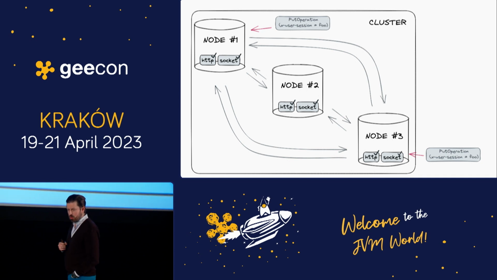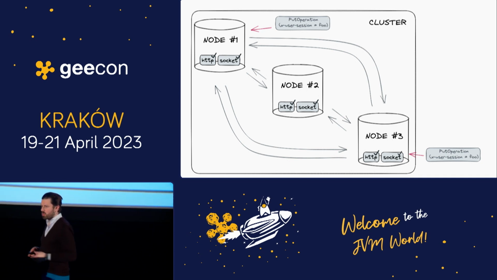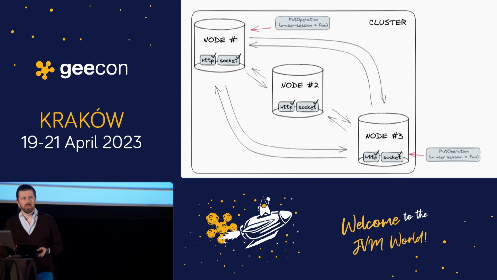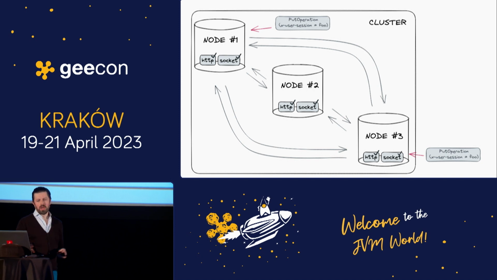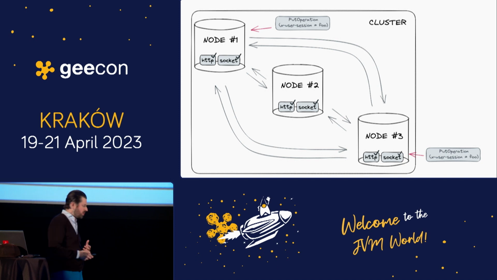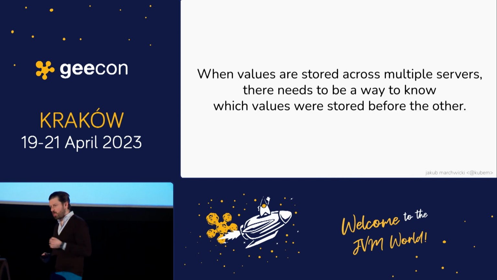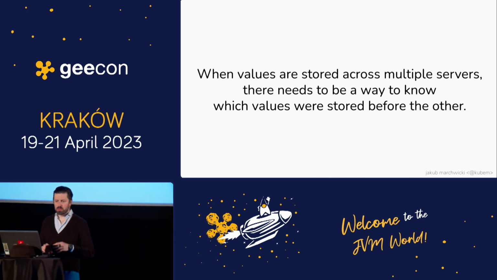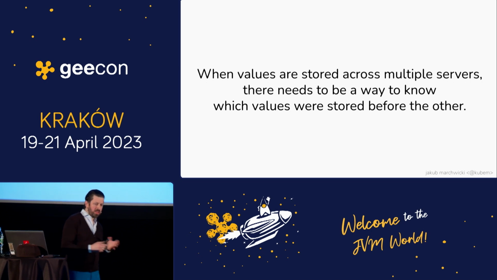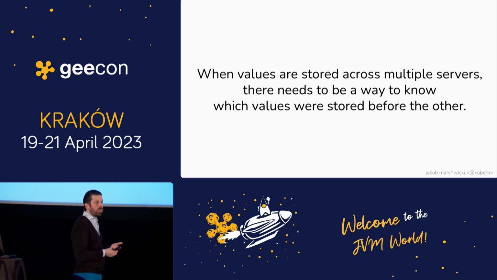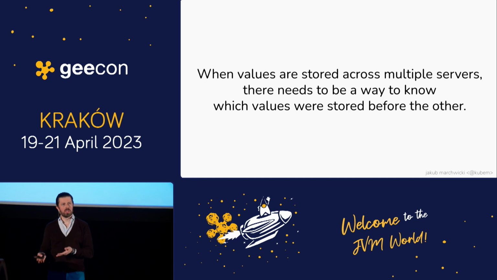And somehow, I want these nodes to converge, to get to the right value and figure out what value should be the final one. And when we have values stored across multiple servers, we need a way to figure out what was stored first, what was stored second, and that way know what wins.